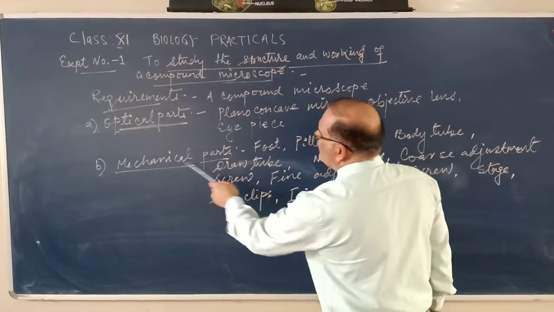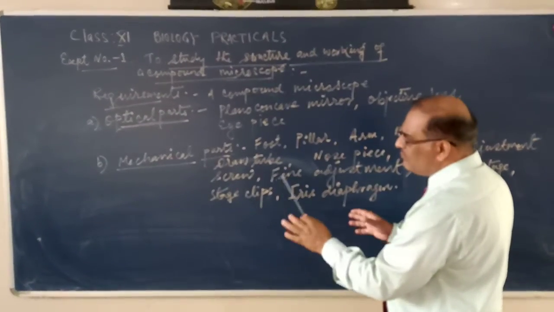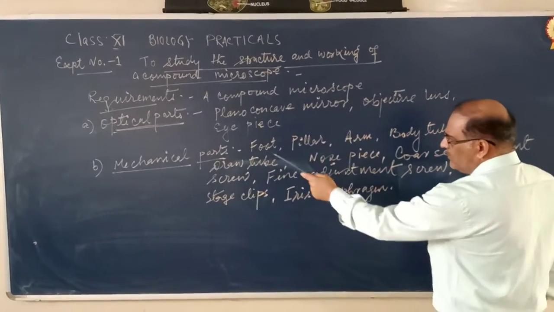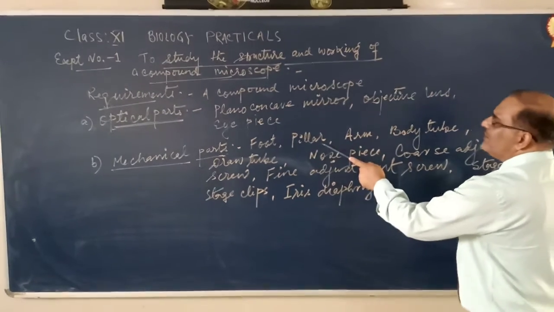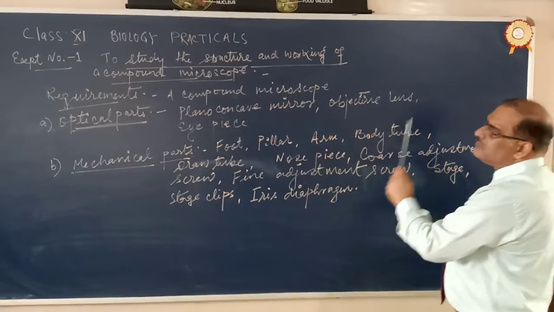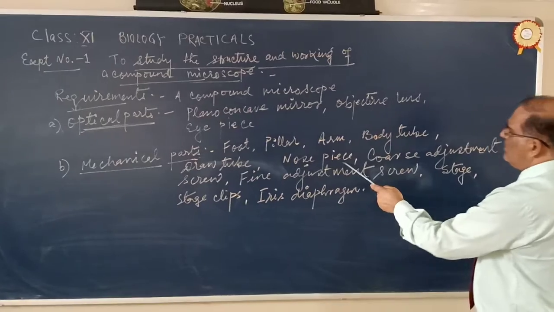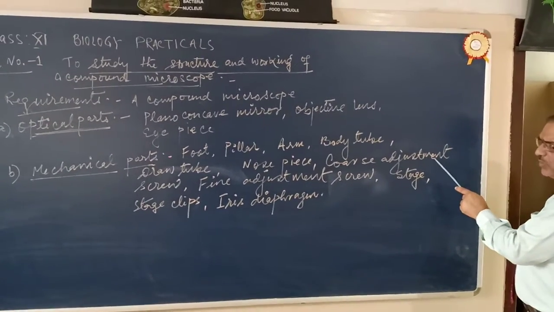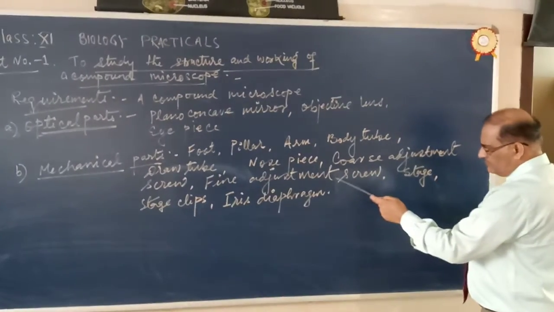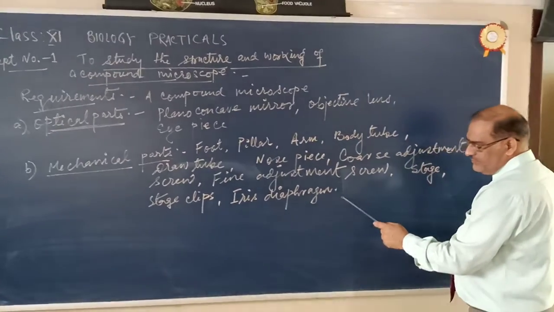Now the mechanical parts. Mechanical parts are generally structural or movable. Let me move from bottom to top: foot, pillar, arm, body tube, draw tube, nose piece, coarse adjustment screw, fine adjustment screw, stage clips, iris diaphragm.